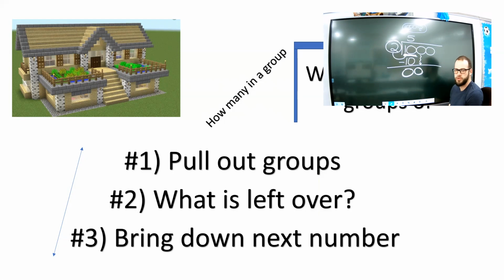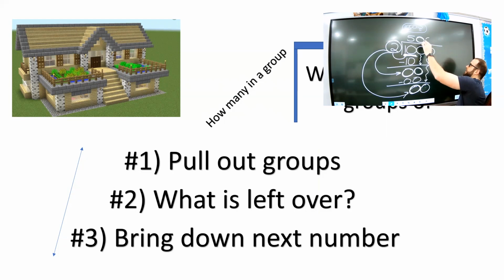Like, what am I supposed to do now? Well, now you take that 2 and you say, how many 2's can come out of 0? Nothing. You can't. If you put that down, now you say, what's left over? You took nothing away from it, so there's nothing left over. You bring down the next number. How many 2's go into 0? 0. And you're all out of digits, and there's nothing left over, so that is your answer.